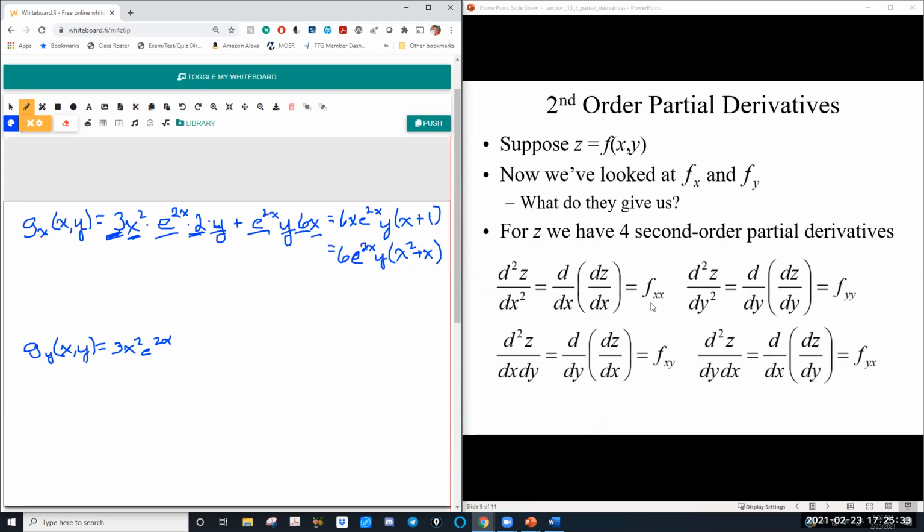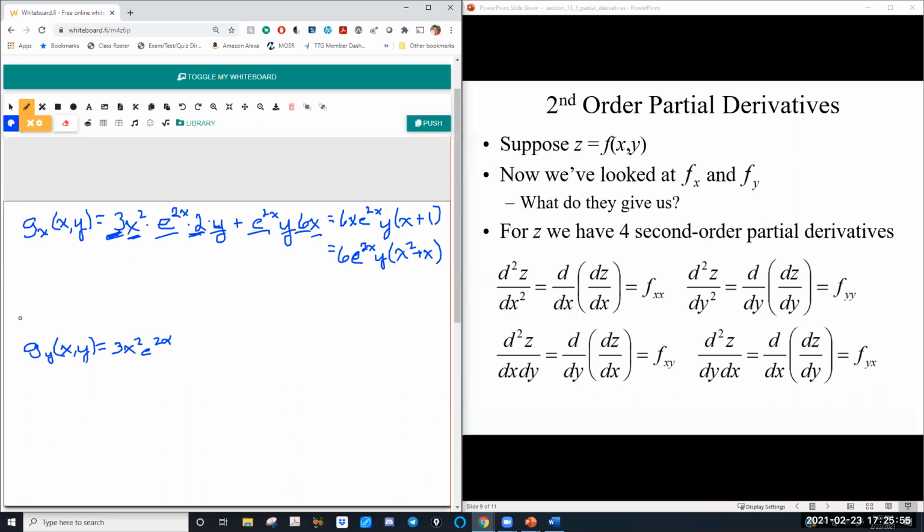We can take the derivative of the first order partial in x with respect to x, and with respect to y, and the first order partial in y with respect to x, and with respect to y. So we end up with a lot of different variations.